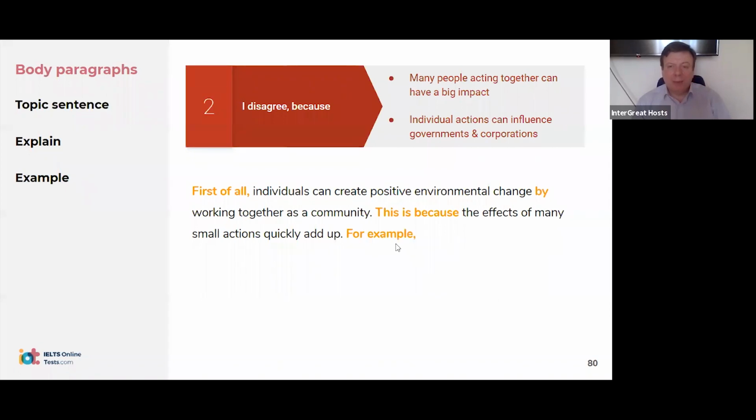So for example, yeah, for instance, if each person, so what can we put in the gap? Think of your word form.